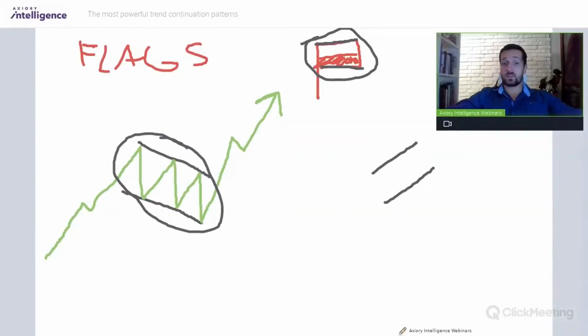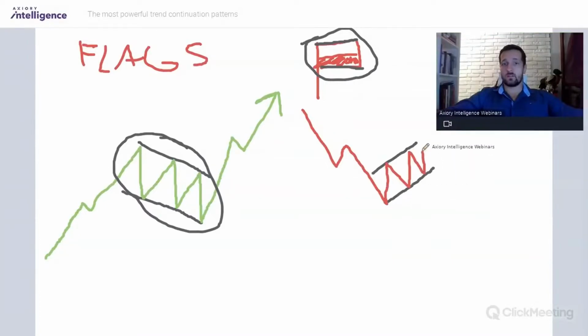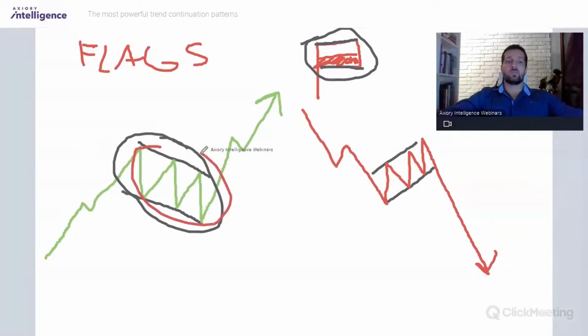Same goes here with a downtrend. Price goes down, starts the correction, ends the correction, and goes lower. That is a flag in a bullish trend, that is a flag in a bearish trend.